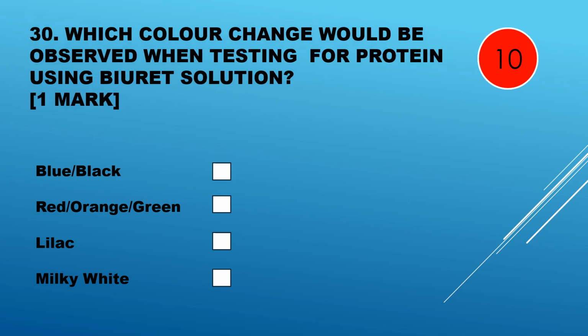Question 30. Which colour change would be observed when testing for protein using Biuret solution? Would it be blue-black, red-orange-green, lilac or milky white? Biuret will turn lilac from blue when testing for protein.